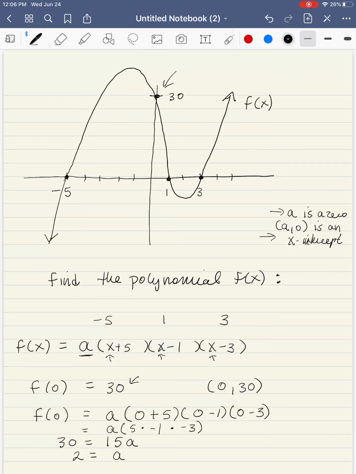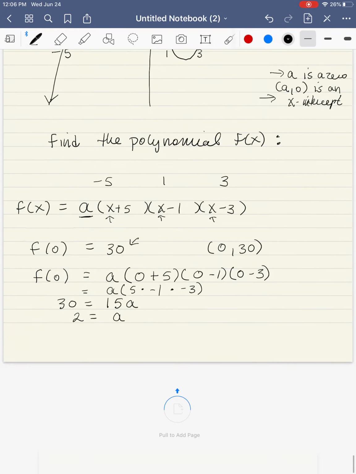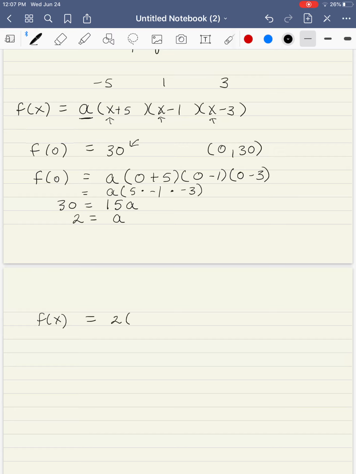But we know that f of 0 is 30. So if we solve for a by dividing by 15 on both sides, we get that a is equal to 2. So that tells me that my polynomial is 2 times x plus 5 times x minus 1 times x minus 3.